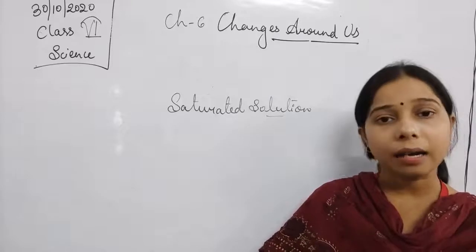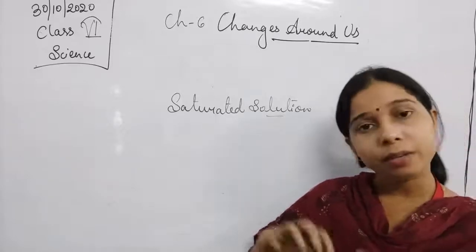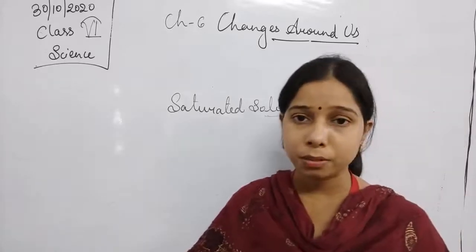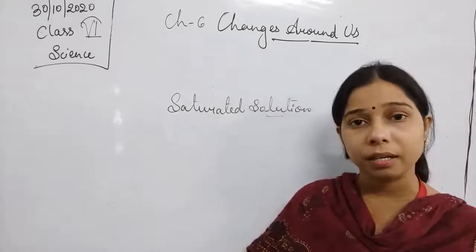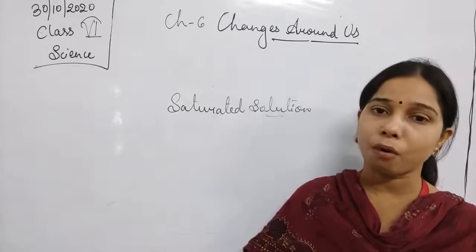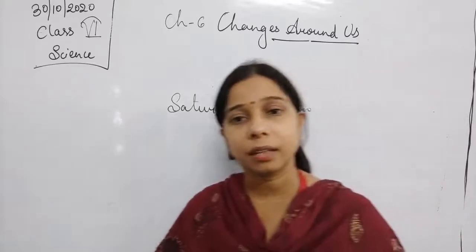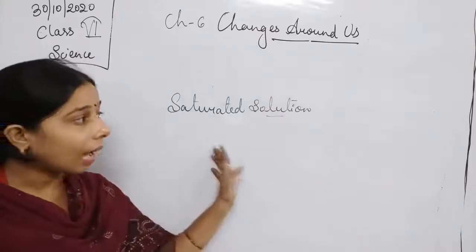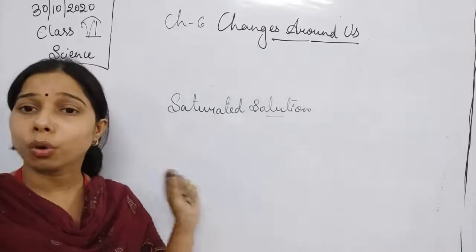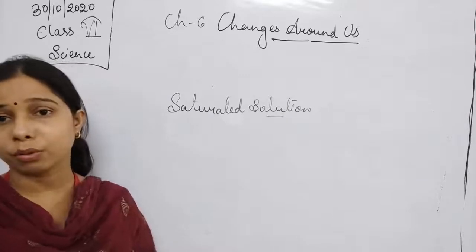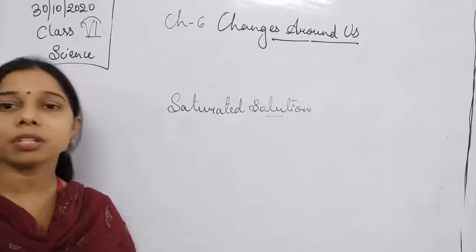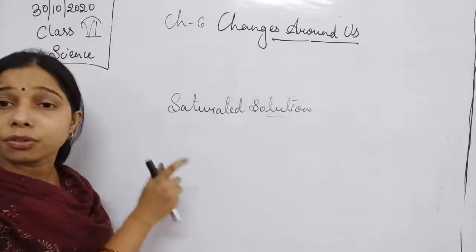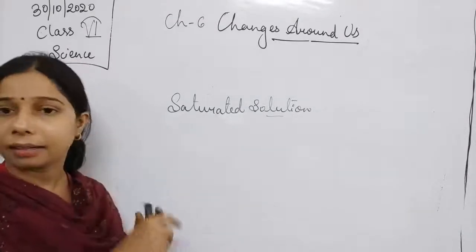But after some time the solute is not possible to dissolve and it will remain at the bottom of the tumbler in which you are making the solution, right? At that time, when no more solute can be added in the particular solution, that solution is known as a saturated solution. It is a level in which no more solute can be added in it.